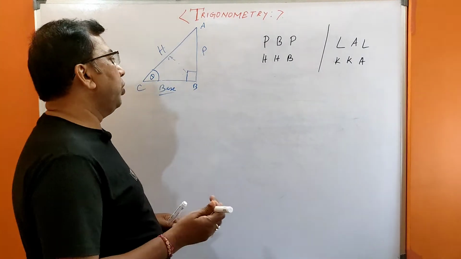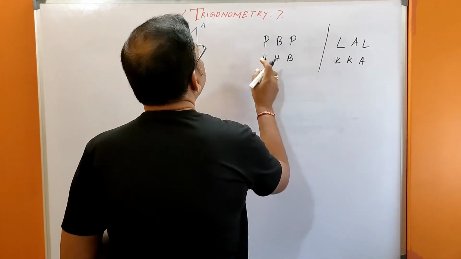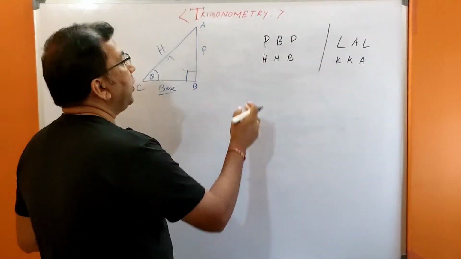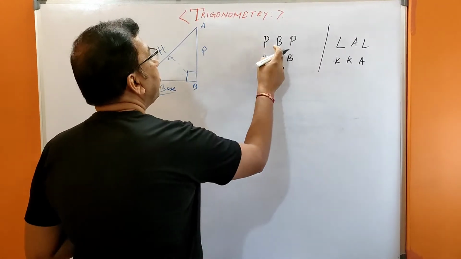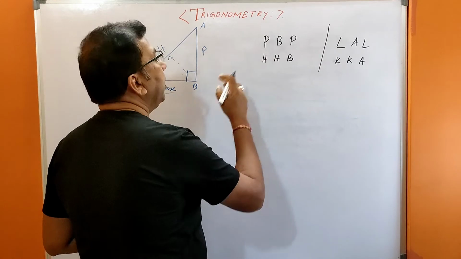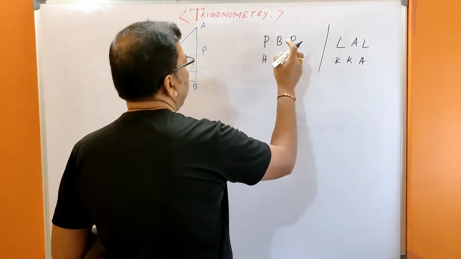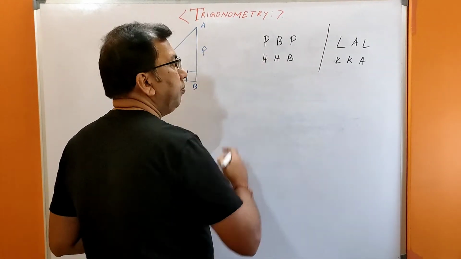Suppose Pandit Badri Prasad: P for perpendicular, H for hypotenuse, B for base, H for hypotenuse, P for perpendicular, B for base.